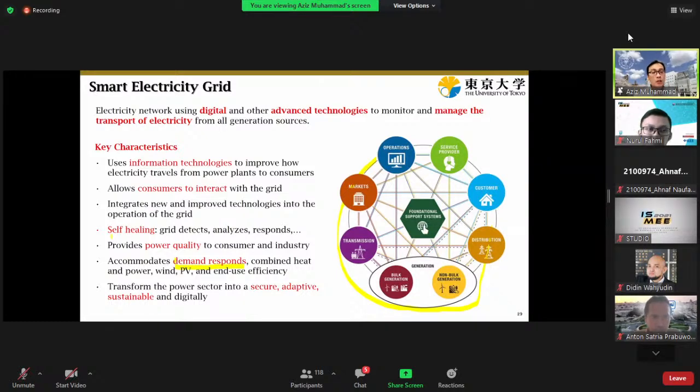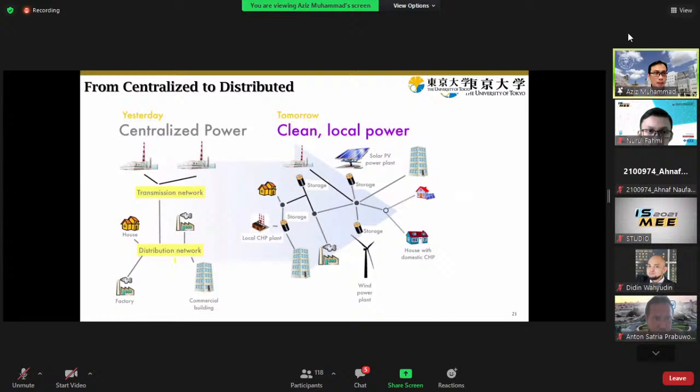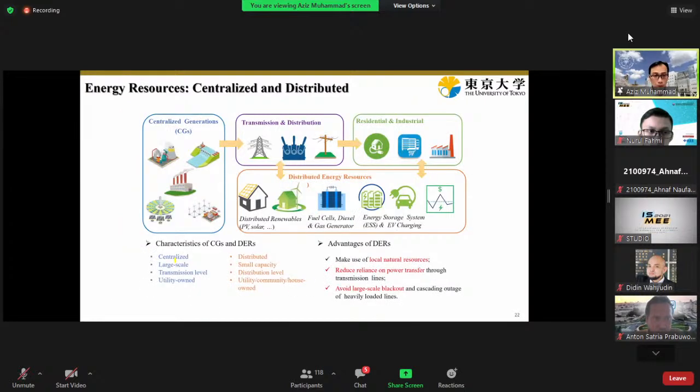So when we see that the price of electricity increases, we can avoid activities which consume huge amounts of electricity. So there will be more active, dynamic interactions between producers, consumers, and the whole system itself. This is the concept of smart electricity, but I don't want to talk further about it. This is the transformation that we need to have in the future.